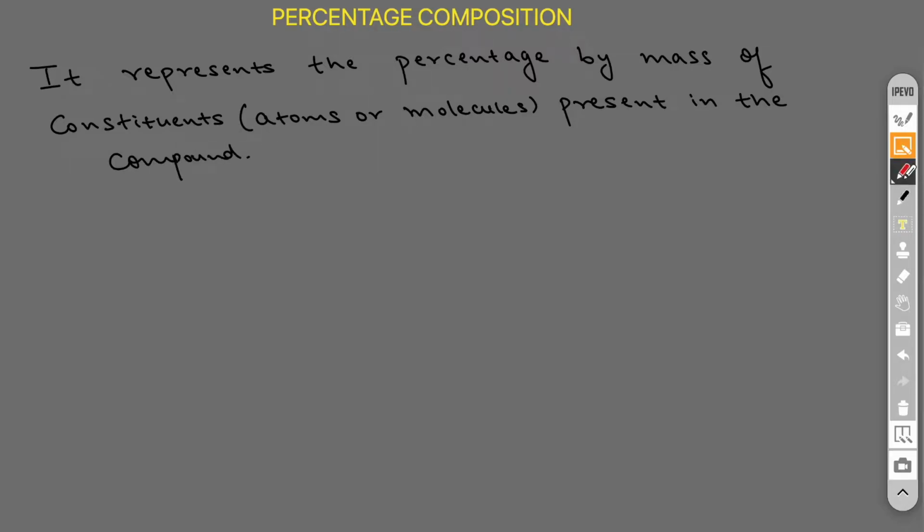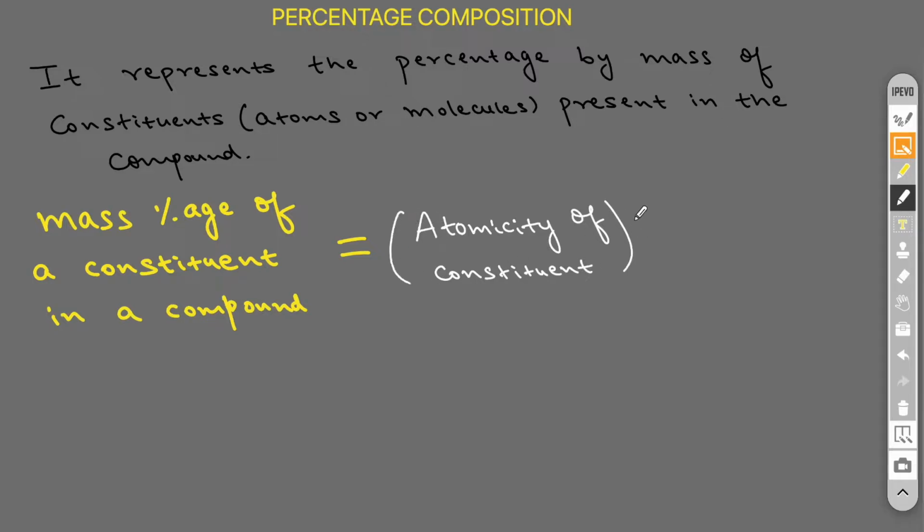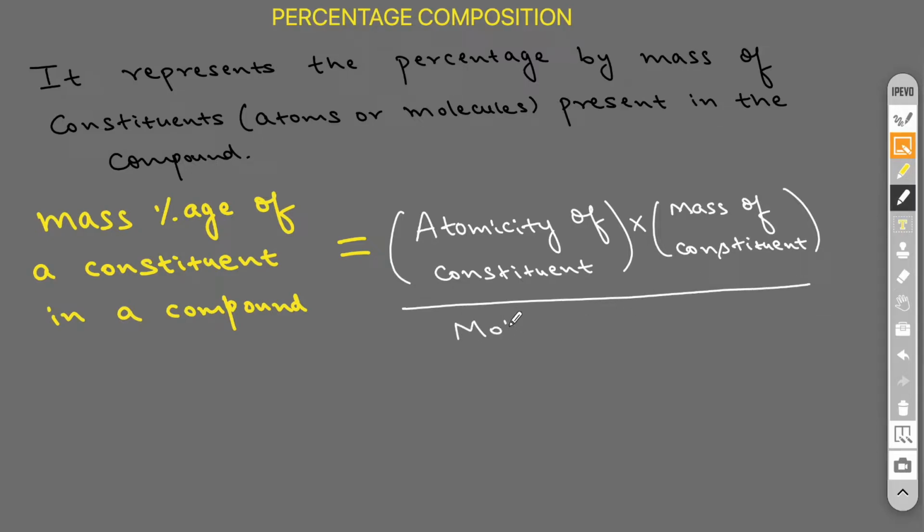Also we'll write the formula that mass percentage of a constituent in compound is equal to atomicity of constituent multiplied by mass of constituent divided by molecular mass of compound multiplied by 100.